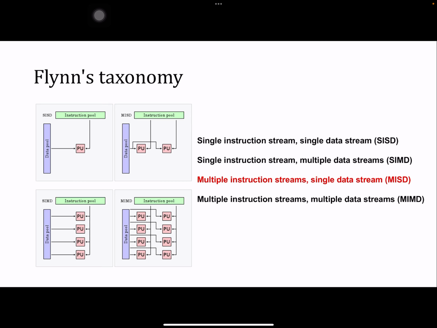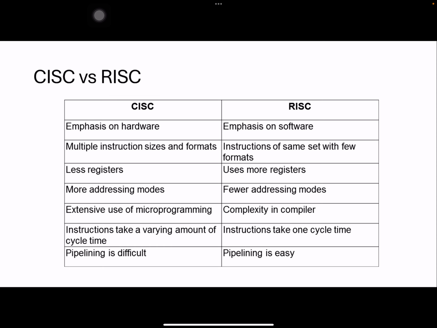And then is Flynn's taxonomy. There are 4 different types, and there's no system designed as MISD, and MIMD is the most common one. And then is CISC versus RISC.